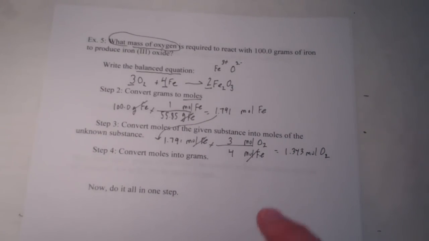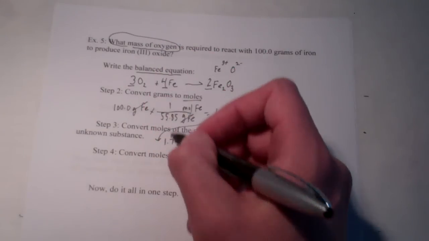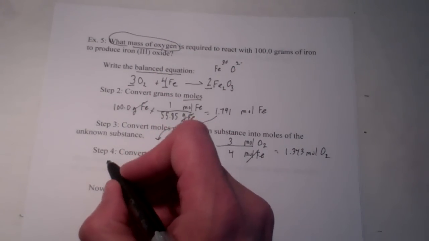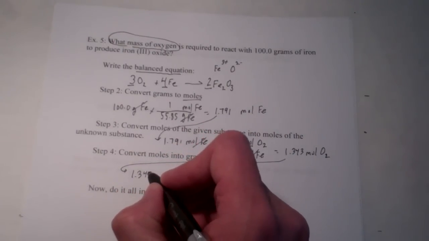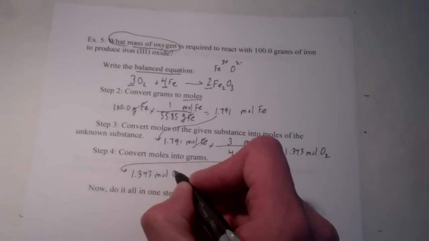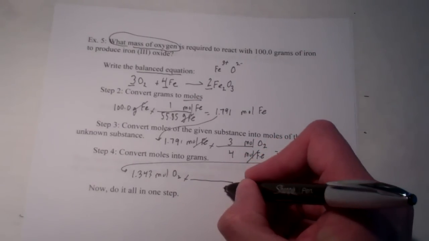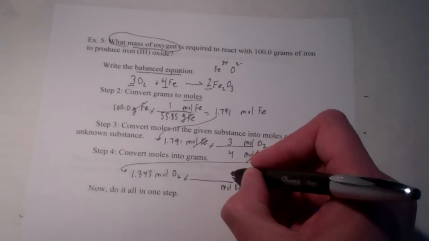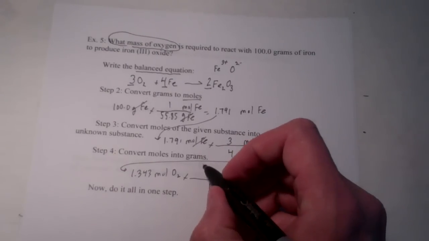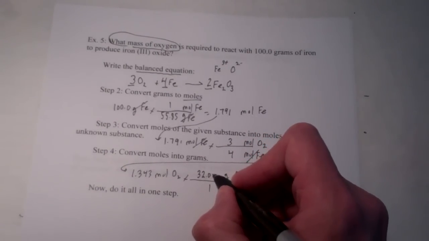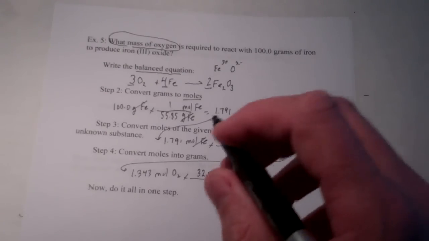Now we're not quite finished, because I want to know what mass of oxygen is required. So finally, I will take my 1.343 moles of oxygen. We will divide out moles of oxygen and get into grams of oxygen. 1 mole of oxygen has a mass of 32.00 grams.